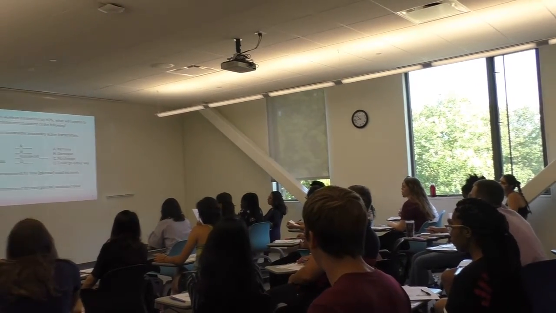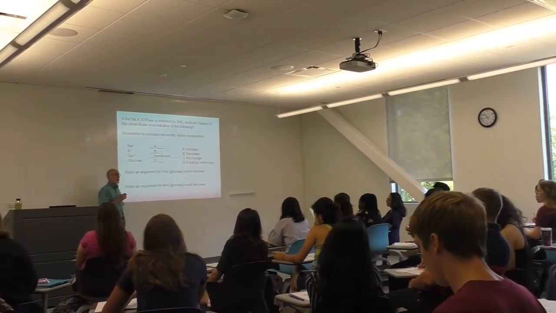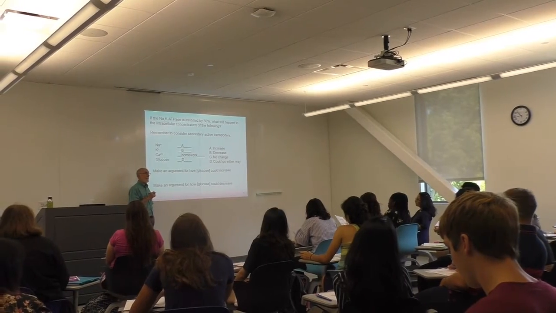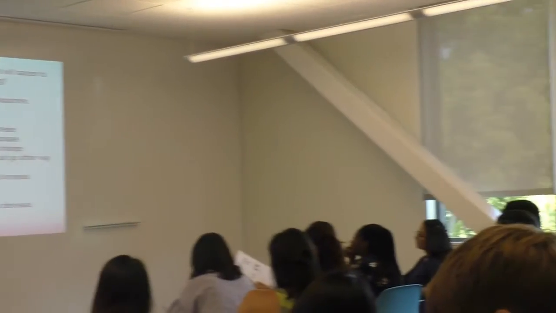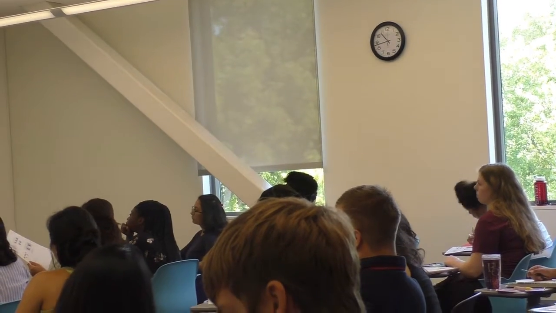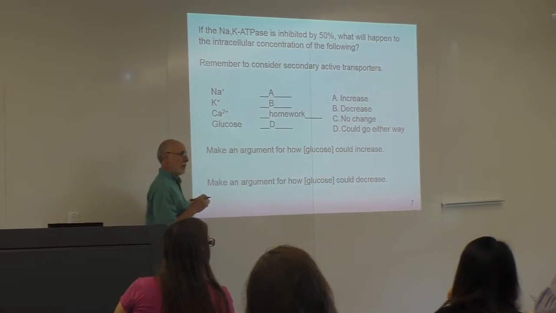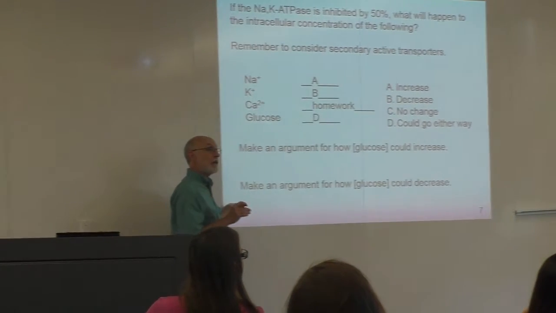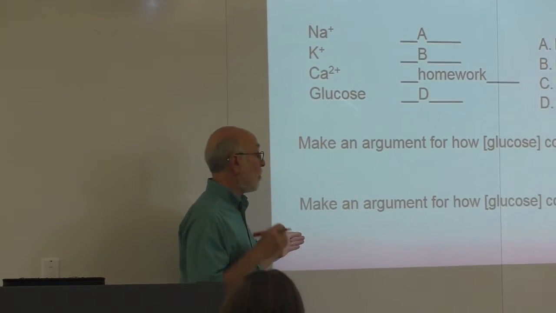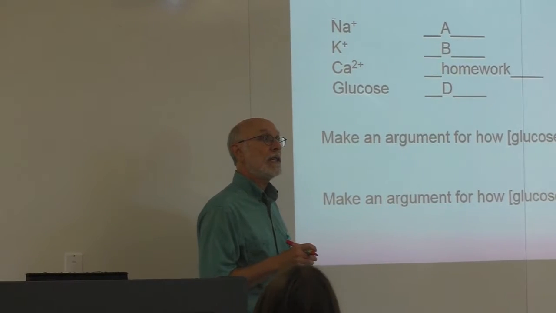Okay, so there's the sodium glucose co-transporter. And it seems like, would that be an explanation for how glucose could increase or decrease? Decrease. That would be a good argument for a mechanism for how the glucose could decrease.